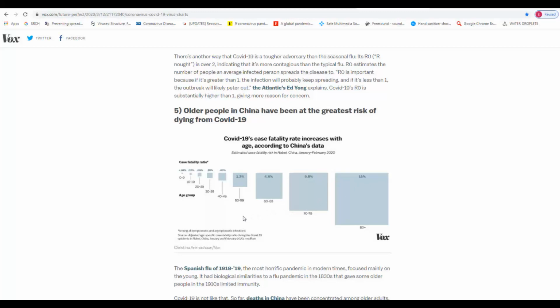On the other hand, for little kids, let's say from 0 to 9 years of age, that case fatality ratio is less than 0.01%. In other words, less than 1 in 10,000.